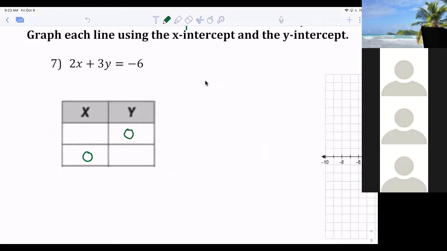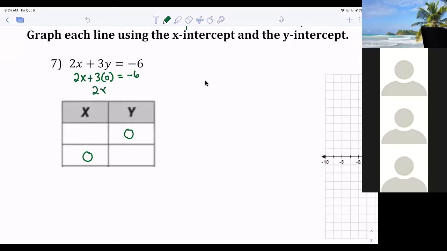If I want to find the x-intercept, I'm going to let the y be 0. So now, 2x plus 3 times 0 equals -6. Everybody see what I just did? This is not a calculator problem. This is a being smart problem where if I want to find the x-intercept, I let the y be 0.